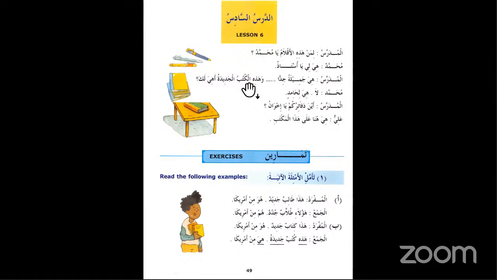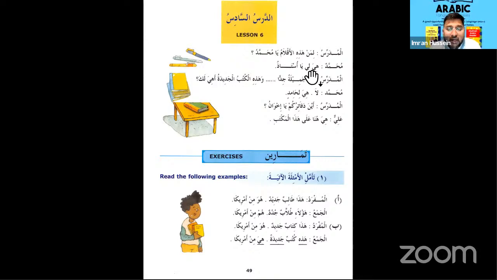In the second one, hiya li ya ustazu. It is not for my teacher. No, it is for me. Hadhihi hiya li. This is for me as a student, not for the teacher. Now, the teacher asks, al-mudarris liman hadhihi al-aqlamu? For whom are these pens, O Muhammad?